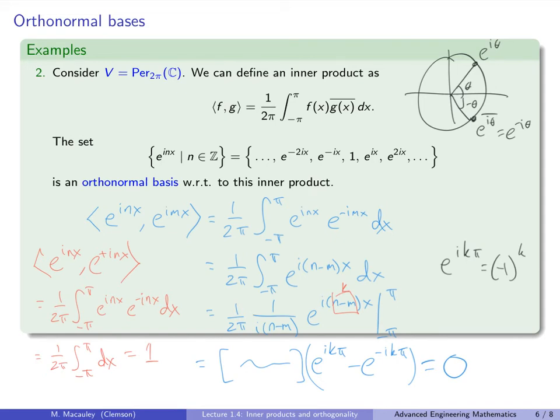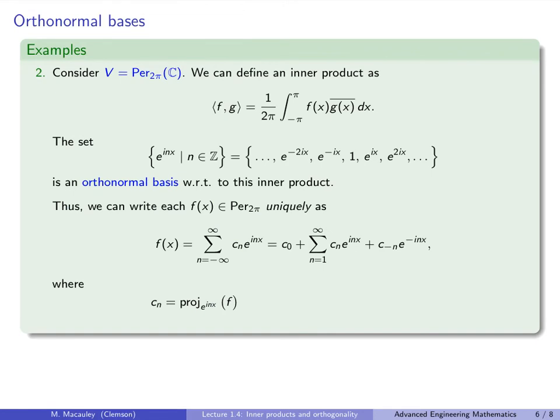But I promise you, we will come back to those and clear those up. For right now, for all intents and purposes, you can think that, yes, this is an orthonormal basis of this vector space of 2 pi periodic complex functions with respect to this incredible inner product.